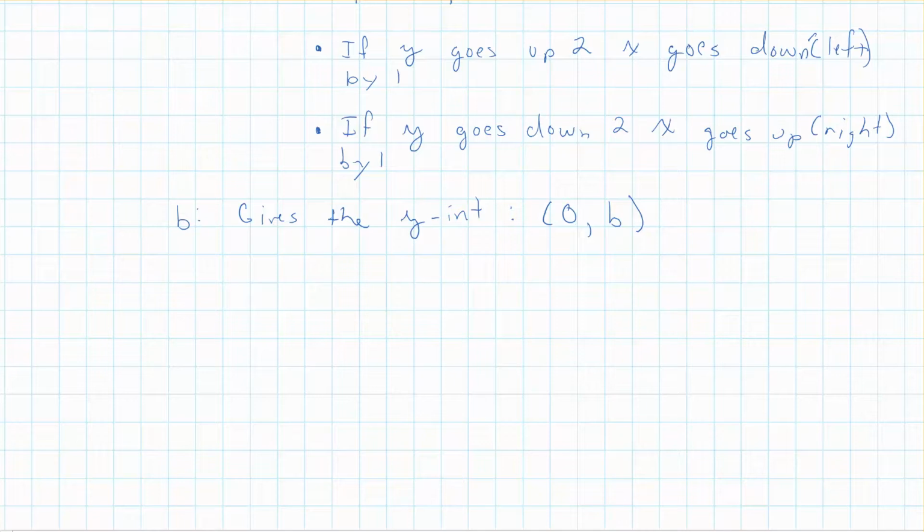Now before we look at a graph of linear equations, and I'm going to put in yet another color here, I like colors sometimes, there is a special type of equation that has a graph, and these are vertical lines.